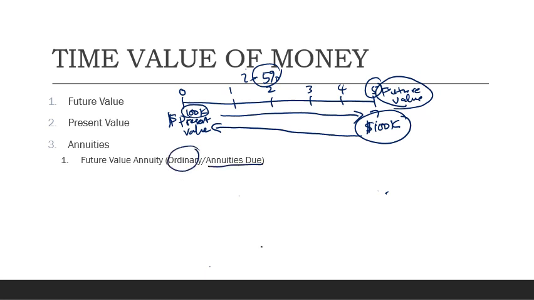I will explain it later. There will be a slide to explain more about this, but at least you have the mind mapping at this stage of the many types of time value of money. Number 2 is the present value annuity. It could also be an ordinary present value annuity or annuity due.